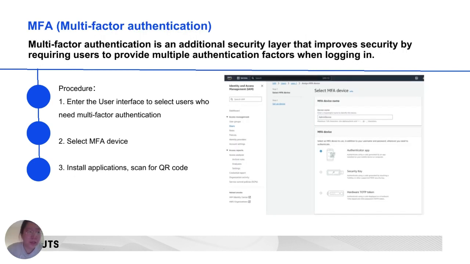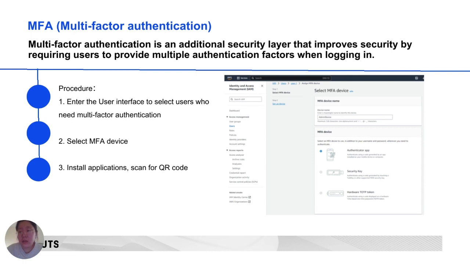The last part is MFA, multi-factor authentication. To add an extra layer of security, we implemented multi-factor authentication for some users. MFA is an additional security layer that improves security by requiring users to provide multiple authentication factors when they are logging in.